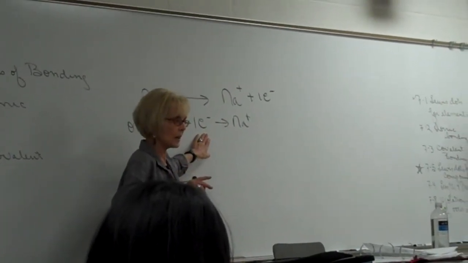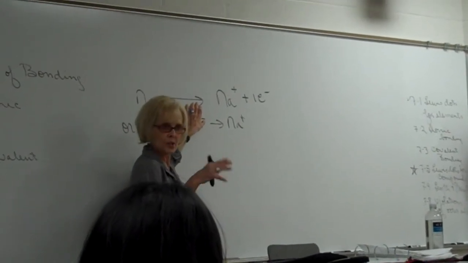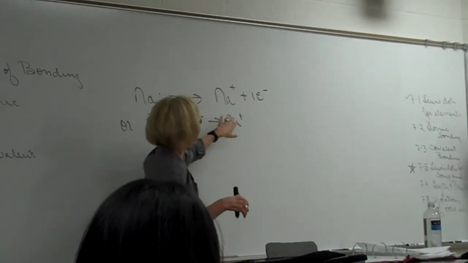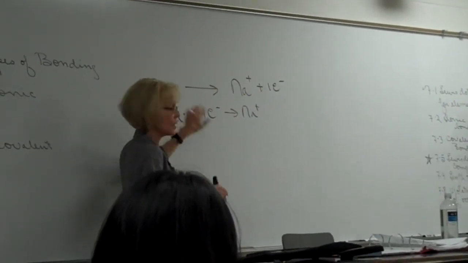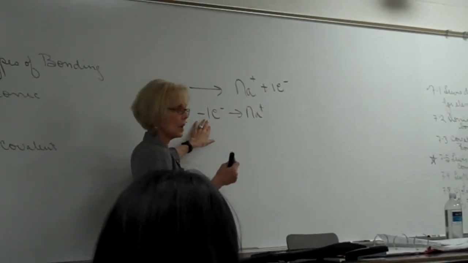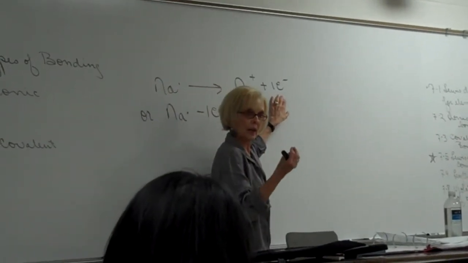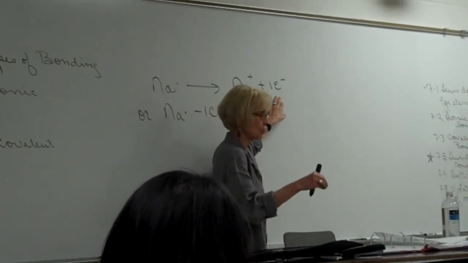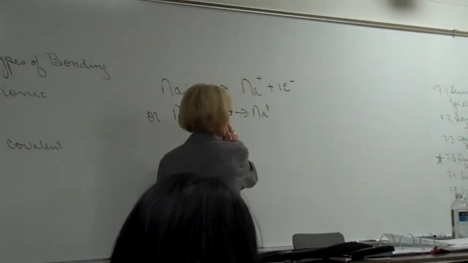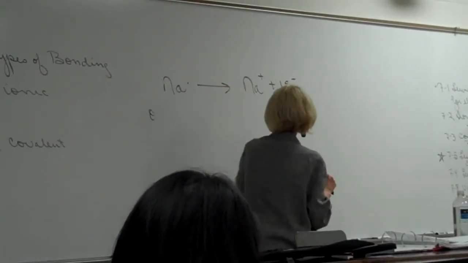Technically, it is correct, because the arrow is just like an equal sign in algebra. So if it's plus something over here, if I moved it across the equal sign, then it's minus that. I do not like this because I like to show the electron as a product that somebody else gets to use. And I don't think that's as clear if you write it like this. So I'm going to take that out of there.